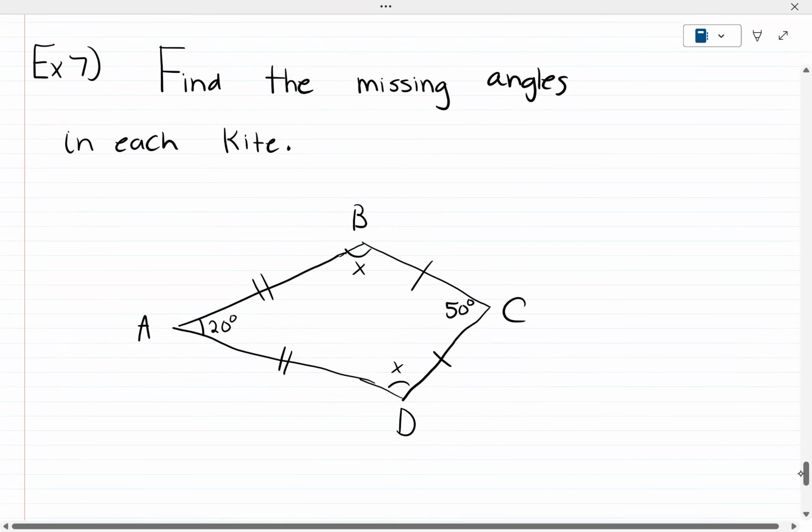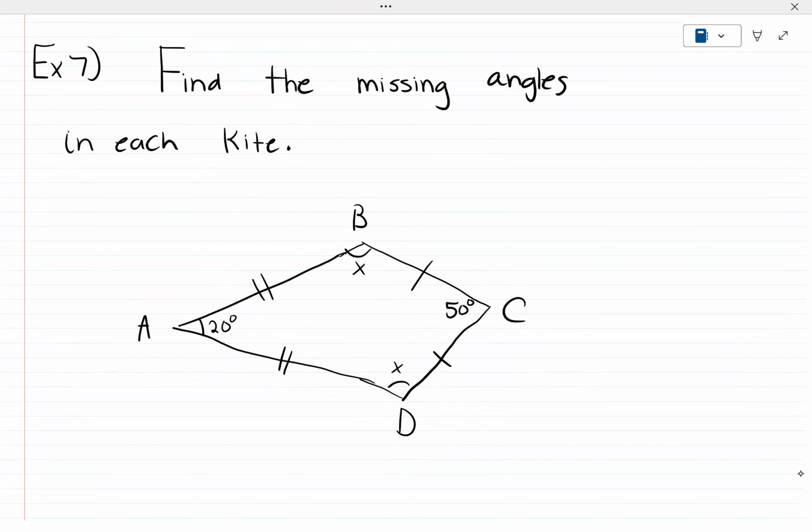Question 7 says find the missing angles in each kite. So here we have this kite, and we know that we have one pair of opposite angles that are congruent. So this angle B is definitely congruent to angle D. If you add them all up, they should add up to 360 because this is a quadrilateral.